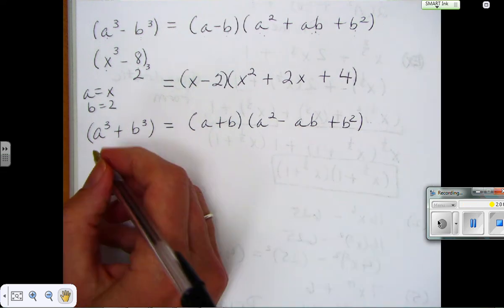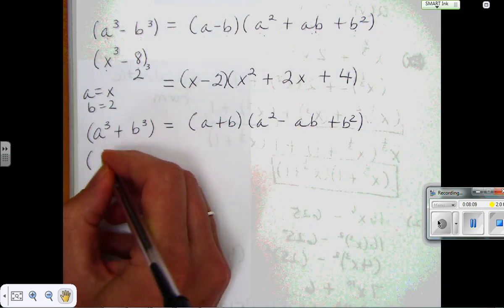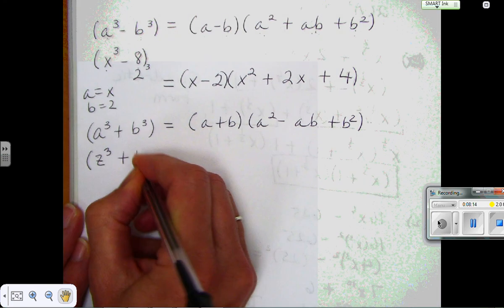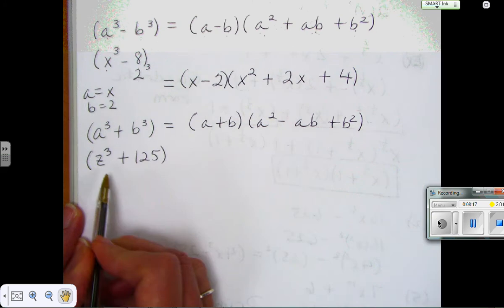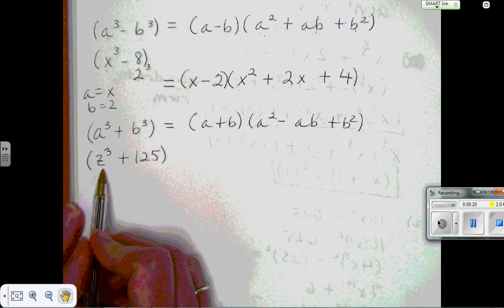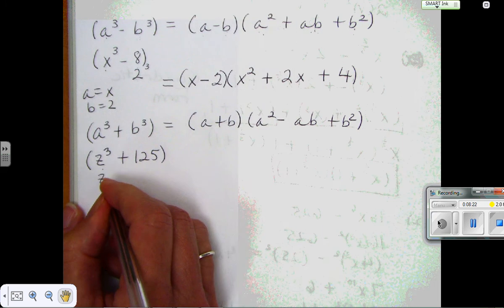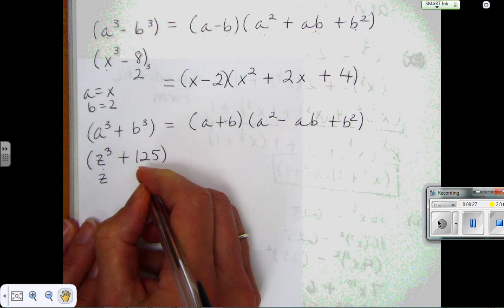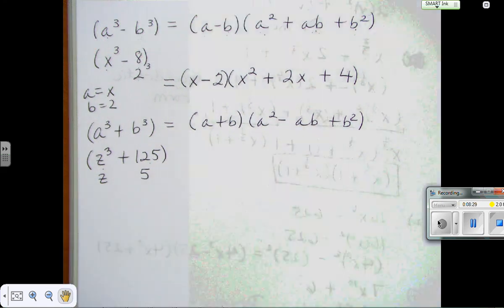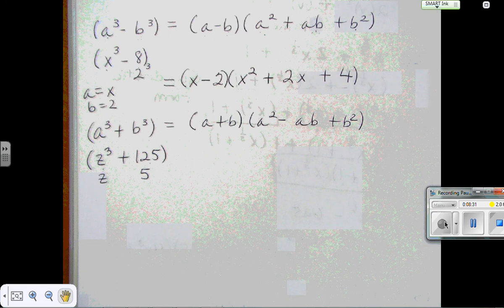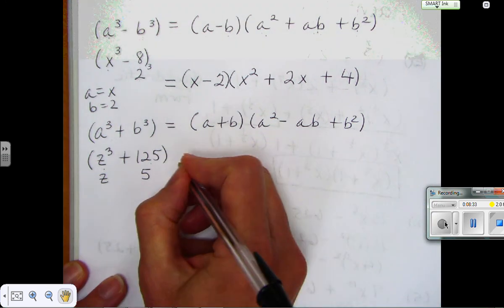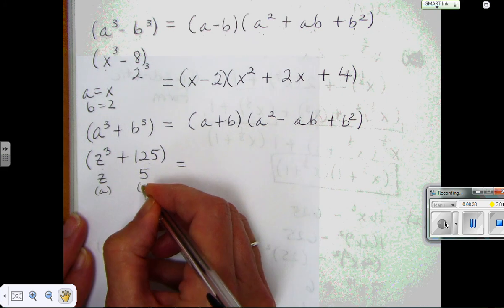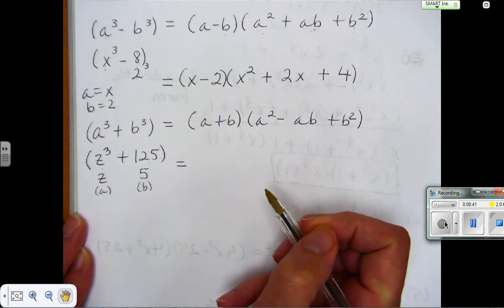Okay, so let's do an example for a sum of two cubes. I'm going to use z to the third plus 125. z to the third is a perfect cube. The cube root is z. 125 is a perfect cube. The cube root is 5. So let's break it down using the pattern. a is z, b is 5, and it doesn't matter the signs.